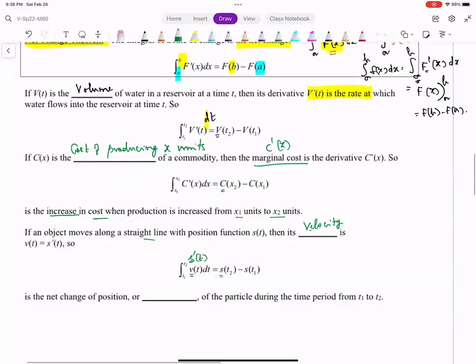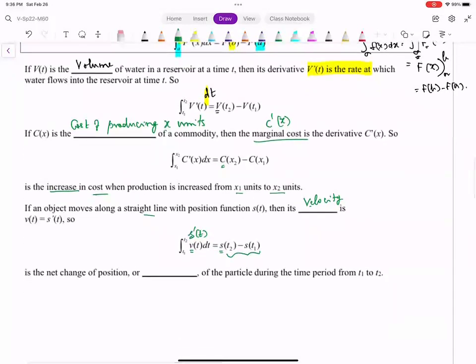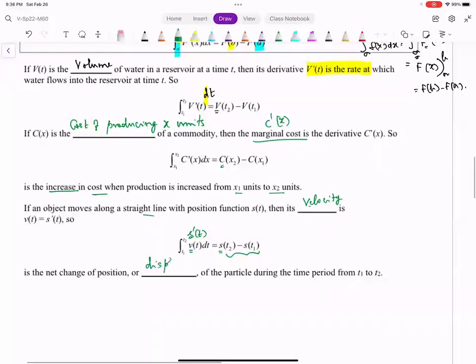So you get the function back, evaluated at the upper limit minus the function evaluated at the lower limit. This is the change in position or the displacement, the net change of position of the particle during the time period from t1 to t2.